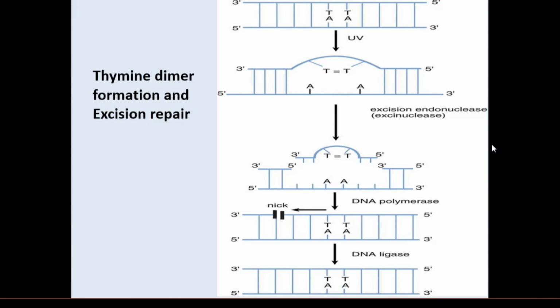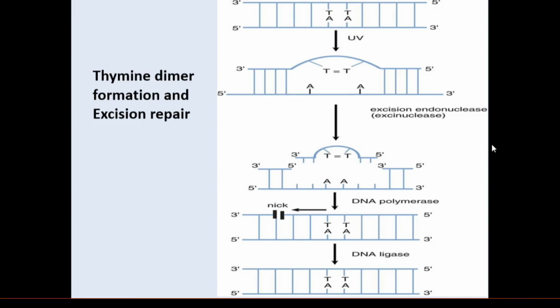DNA polymerase fills in the gap by synthesizing DNA in the 5' to 3' direction using the undamaged strand as a template. DNA ligase seals the nick in the repaired strand. In this way, the DNA repair system excises, removes the nucleotide which is damaged.